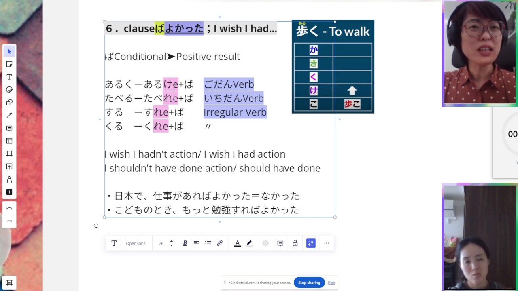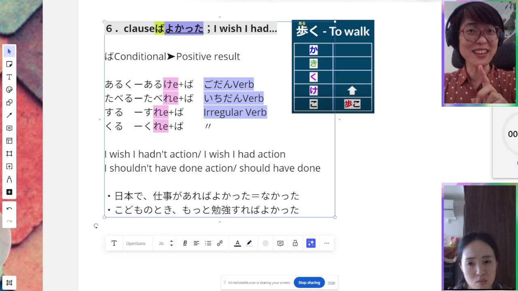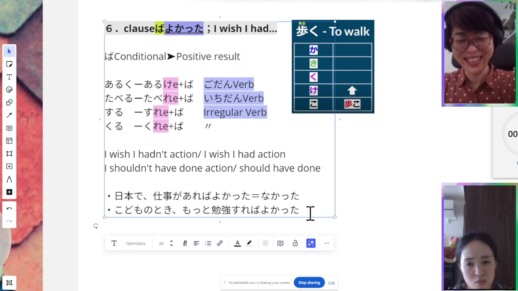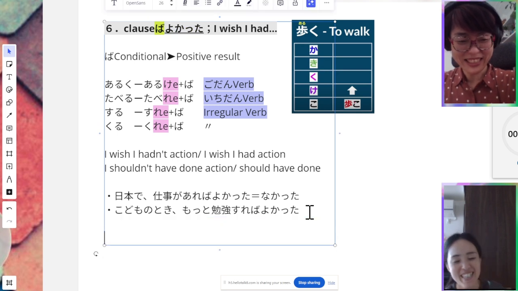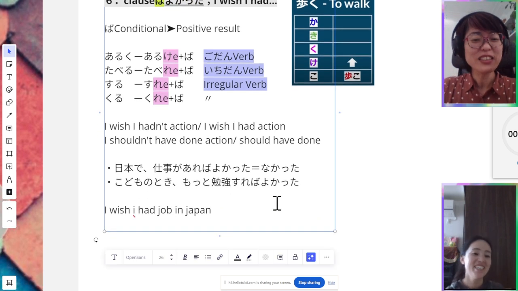So, I wish I had a job in Japan. Is this past tense? No, it's not. Remember, Yukiko, this is an English lesson. I wish I had a job in Japan.